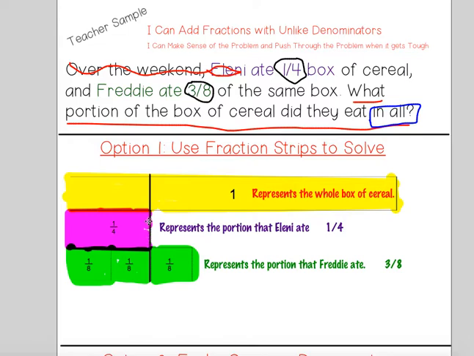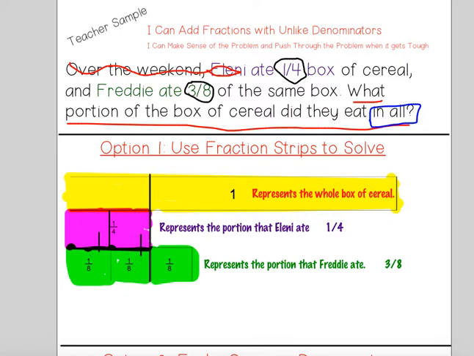But I also am noticing that 1/4 right here is equal to 2/8. Because if I were to cut this in half, half of 1/4 is equal to 1/8. As you can see right here, it's the same size as these 1/8 strips. So I can see that 1/4 is equal to 2/8.